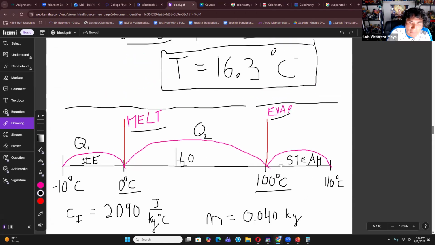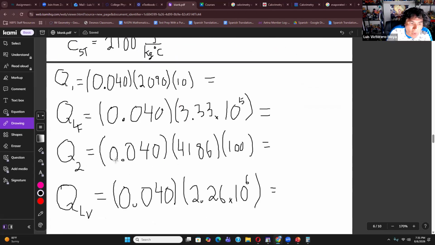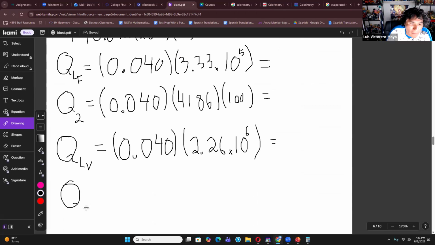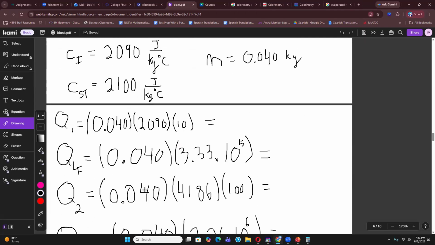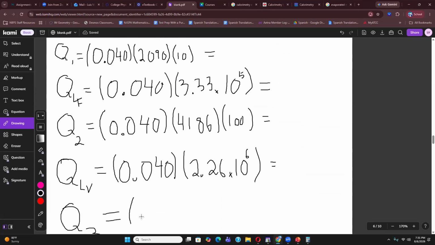Now it's all steam. Let's call this Q3. Now you're raising from 100 to 110. So what would be Q3? Mass times 2,100 times 10.